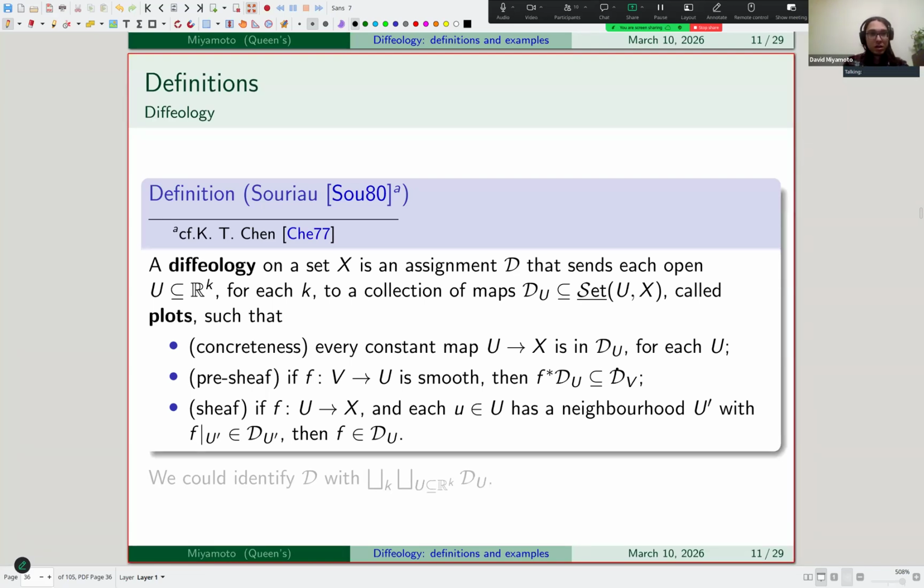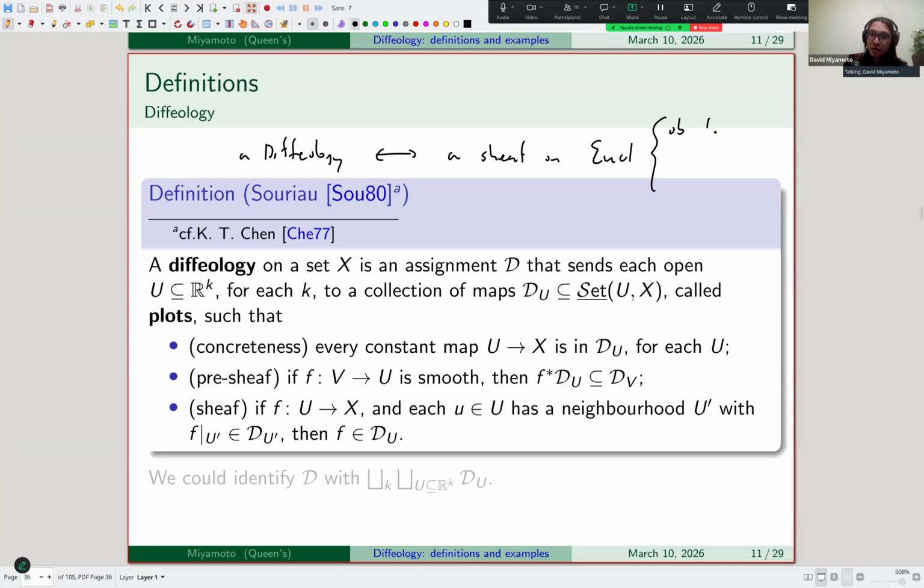The fact that I labeled these as concrete, pre-sheaf, and sheaf is not an accident. So the data of a diffeology, or rather a diffeological space, identifies with a sheaf on the site of Euclidean spaces. So a diffeology corresponds to a sheaf on the site of Euclidean spaces.